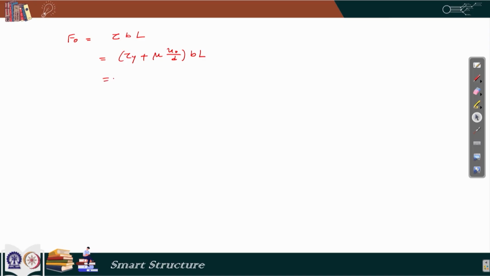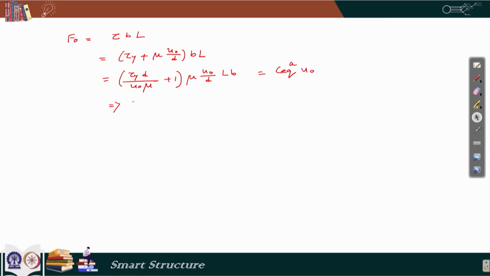Now, this can be written in a somewhat different form. We can write tau y multiplied by d by u 0 mu, plus 1, multiplied by mu u 0 by d L b. With that, finally, we equate the expression with C equivalent for the active case multiplied by u 0.